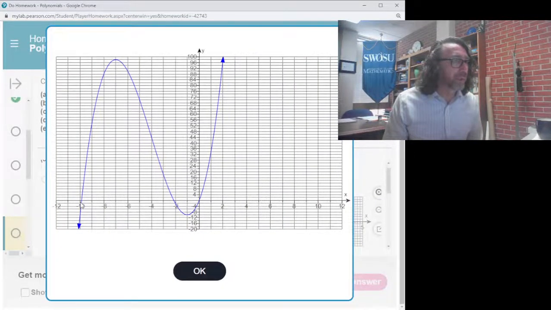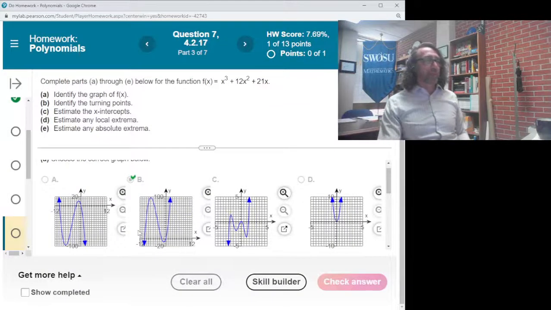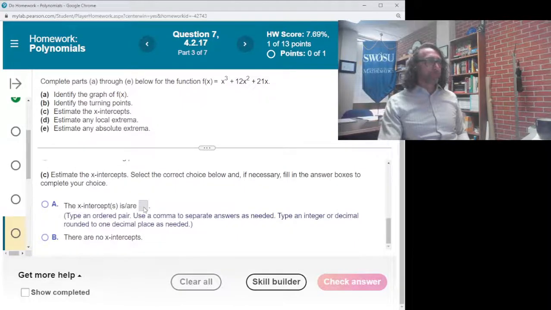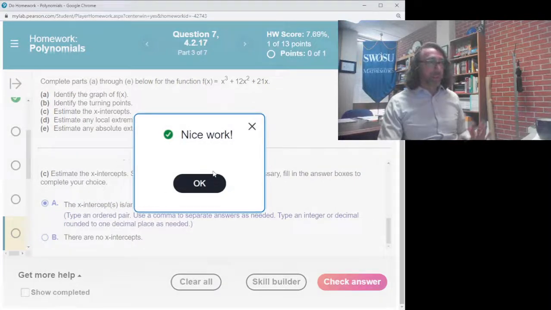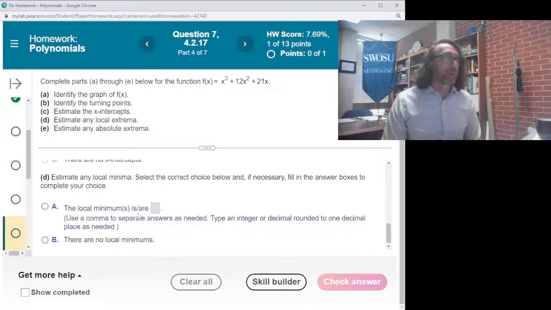So this looks like negative 10, negative 2, and 0. Let me try that, remembering that we have to enter both coordinates of our x-intercept. Did it take it? Okay, it took that. It allowed me to estimate.